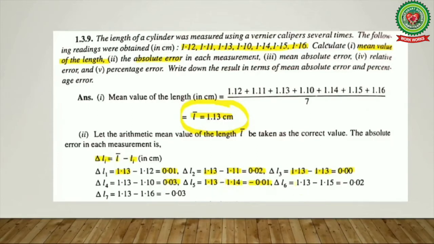Come to the sixth reading. 1.13 minus 1.15. The absolute error is minus 0.02. Last, 1.16. The true value is 1.13 every time. 1.13 minus 1.16 gives us minus 0.03. So these are the absolute errors.